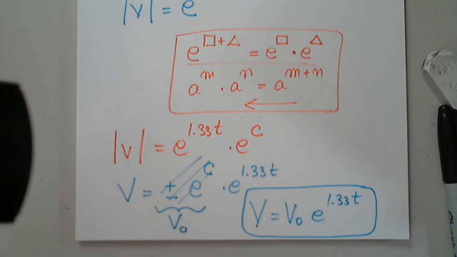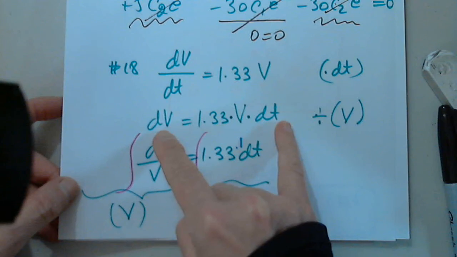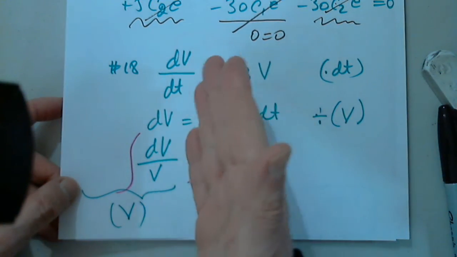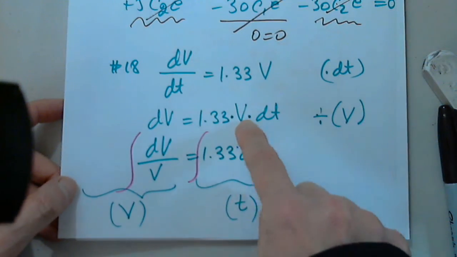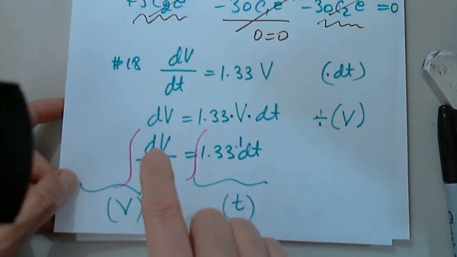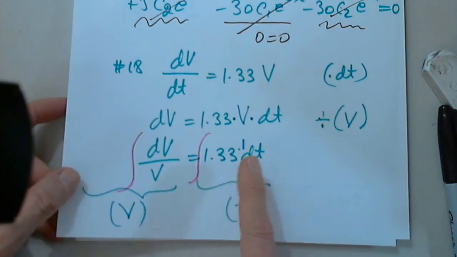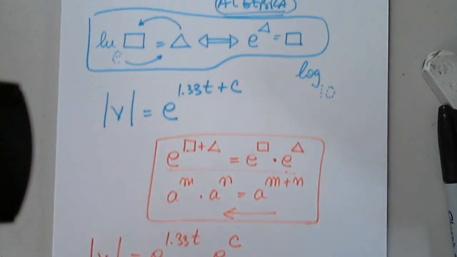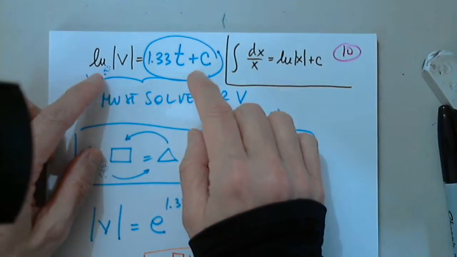And look at how many steps we needed to go through and explain. First, we multiply by dt. Then we separate it. I can't have v and t on one side or the other. So I had to divide by v. Then I integrate it. So this is clearly natural log of the absolute value of v, and this is 1.33t plus a constant c. Then we had to dig deep in our algebra skills.